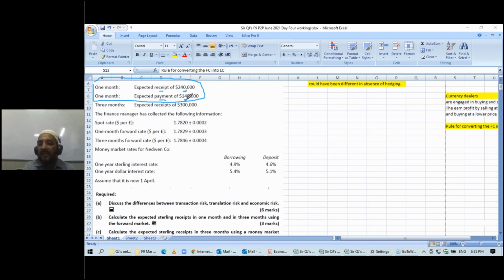You will first net them off, because otherwise you will incur more exchange cost. You will go 2 times to the foreign currency dealer, one for the receipt and one for the foreign currency payment. So it will increase your foreign currency conversion expenses. So always, if you know that they are going to be received and paid at the same time, first net them off. So the first step is netting the receipts and payments that occur on the same date.